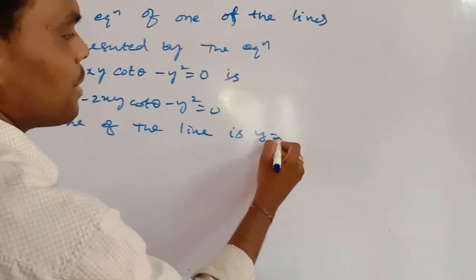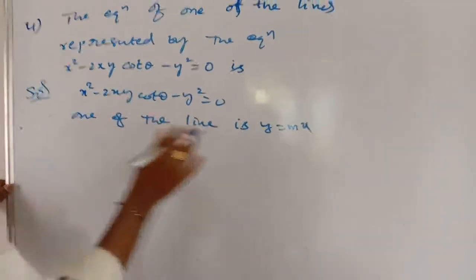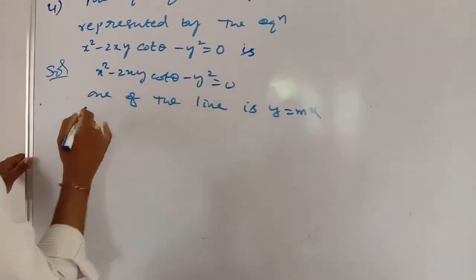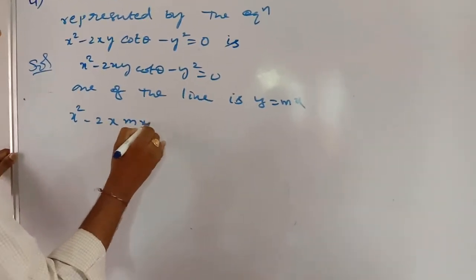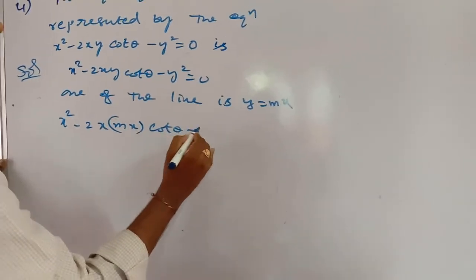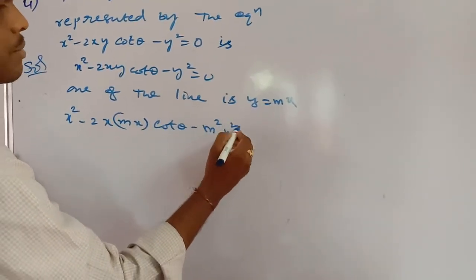y is equal to mx. That means substituting the y value in the given equation. Now here x square minus 2x into mx cot theta minus m square x square is equal to 0.